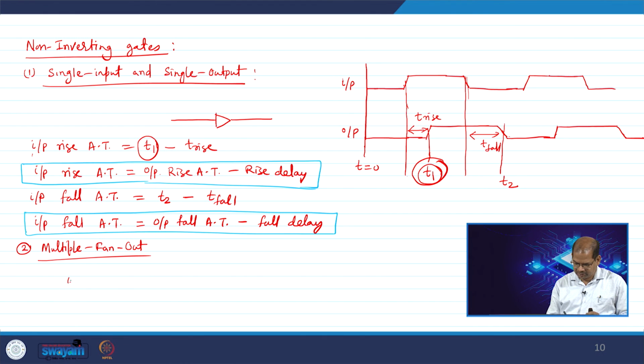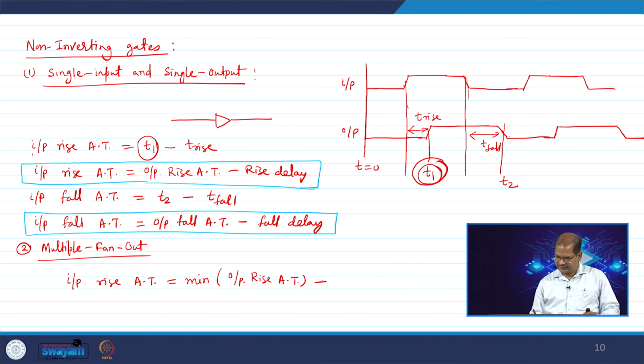So, if you have multiple fan outs, the input rise arrival time is basically the minimum of output rise arrival time minus rise delay.